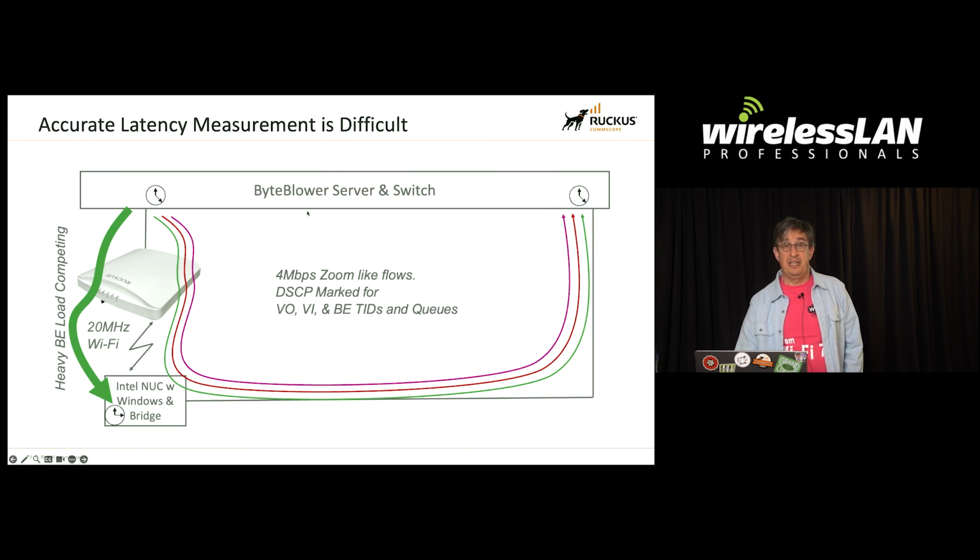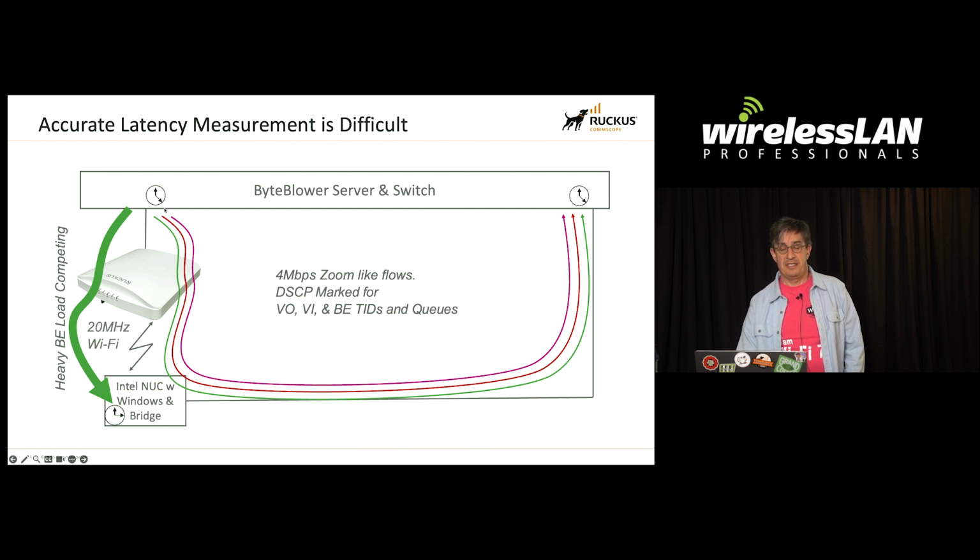We've got this product from Exensys, Byte Blower. It is a traffic generator, but more importantly, it measures time very accurately. So the flows that we care about go out of the port, time-stamped out of the port, go through the AP, go over to the client, and get bridged back into the switch.